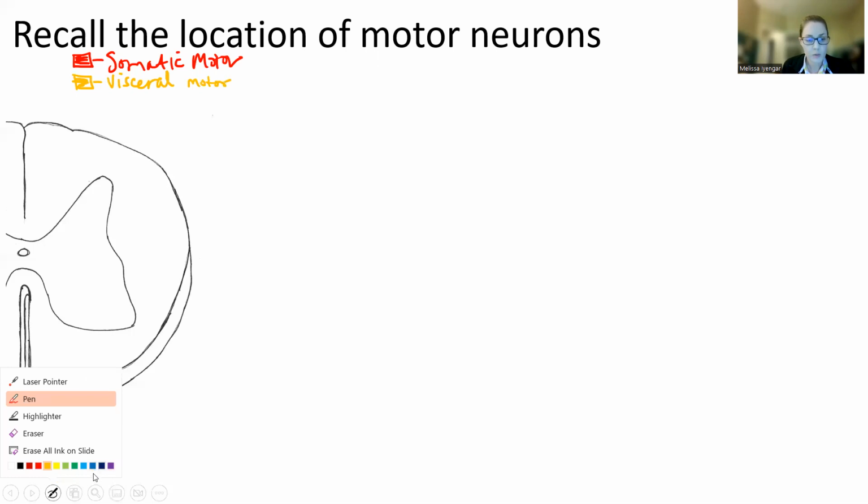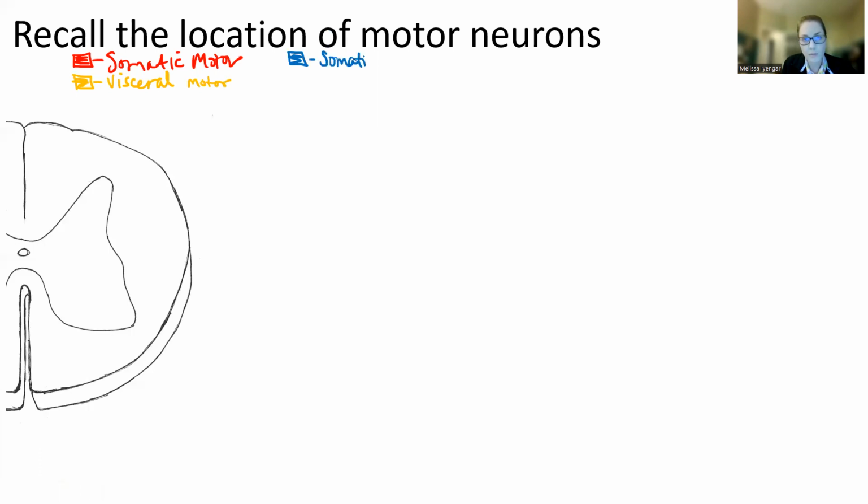And then I usually do blues as sensory, so dark blue is going to be our somatic sensory. And I'm going to do a light blue, or you can do purple, as visceral sensory.